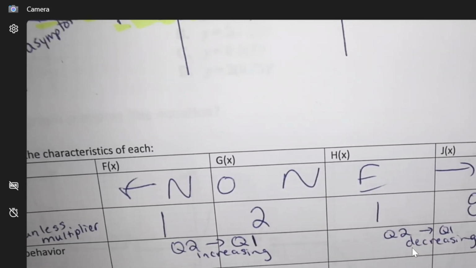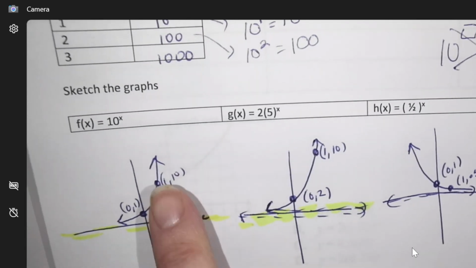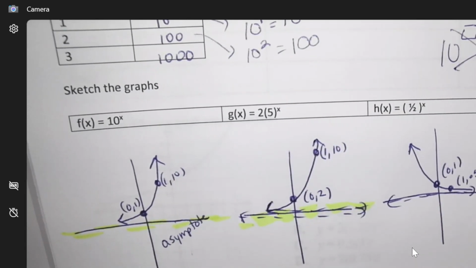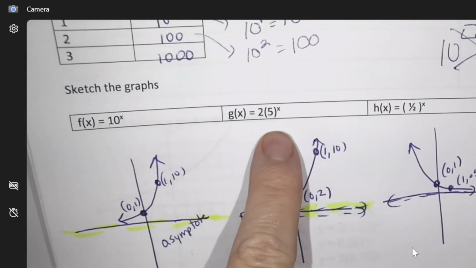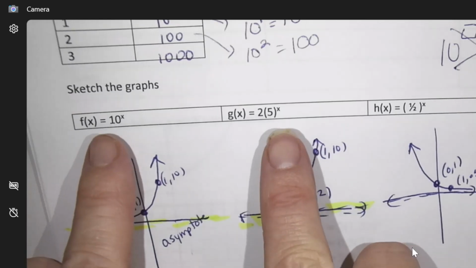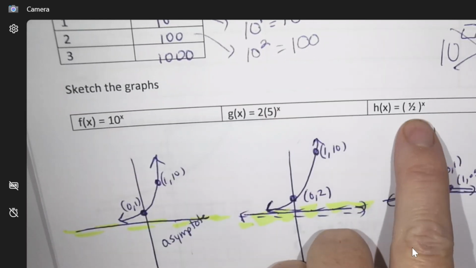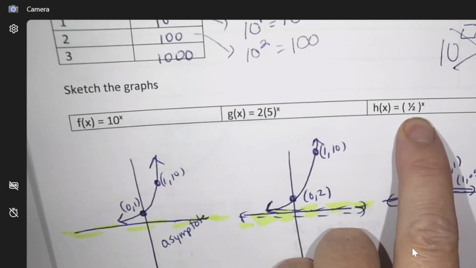Okay, so can anybody identify what's the same with F and G that makes it increase versus why H and J are decreasing? So these two are increasing, these two are decreasing. What's the comparable? Looking at the numbers. What makes something increase and decrease? Can anybody spot the difference? The base here is 10, the base here is 5, the base here is a half, and the base here is a quarter.